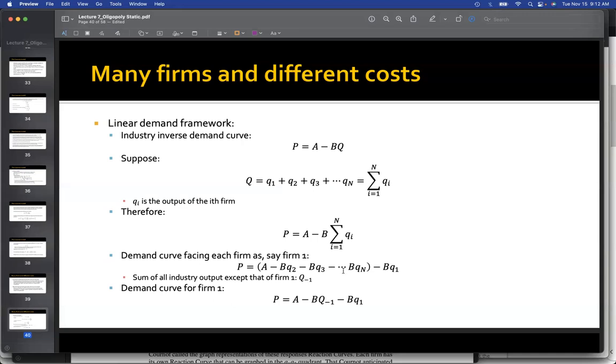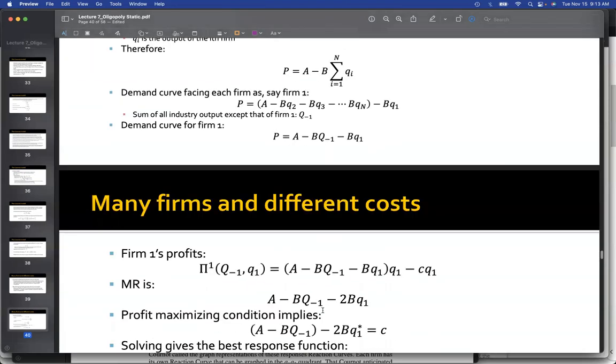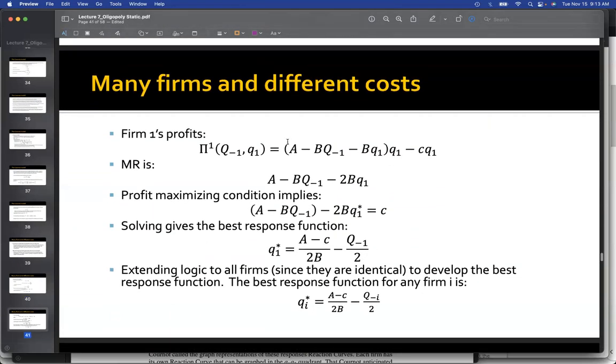So you can simplify the above using this. A minus B times Q minus 1. That means everyone else except for 1, minus B Q1. And this is called the residual demand for firm 1 after everyone else has sold to the market. And then you would then calculate the first order condition. And this is essentially just the same thing. Instead of Q2, this becomes Q minus 1, everyone else.